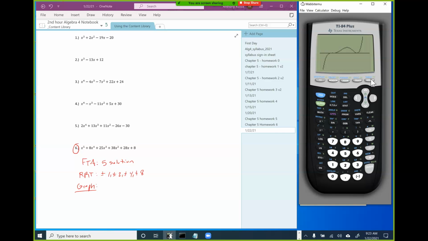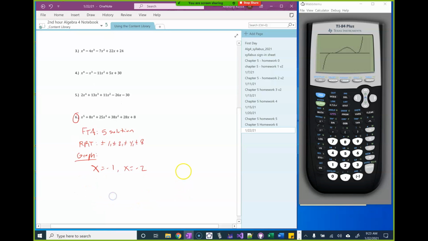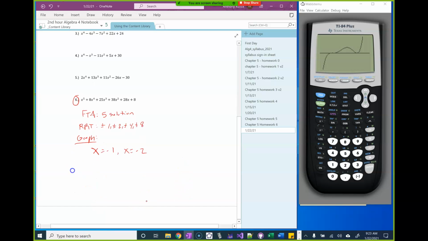So far, so good? Okay. So let's just go ahead and start. I don't know, let's start with -1. It shouldn't matter which one we start with, at least with what we know right now.